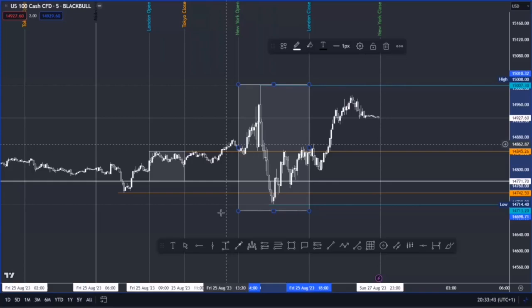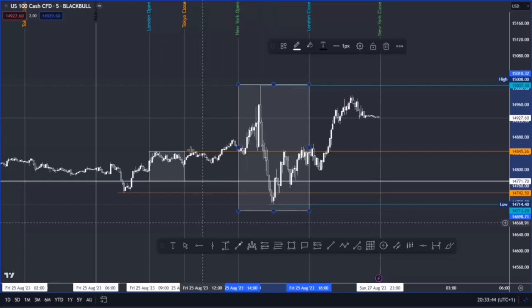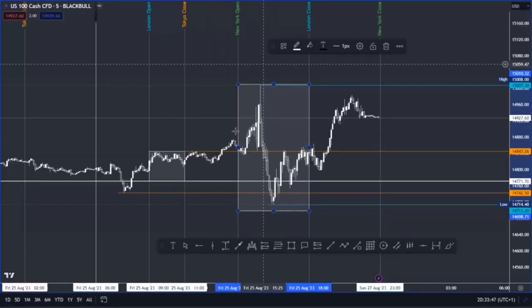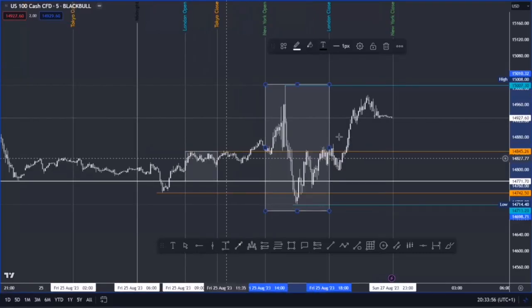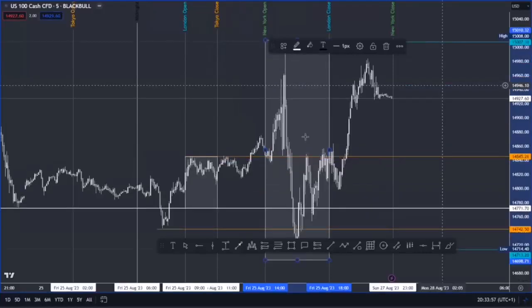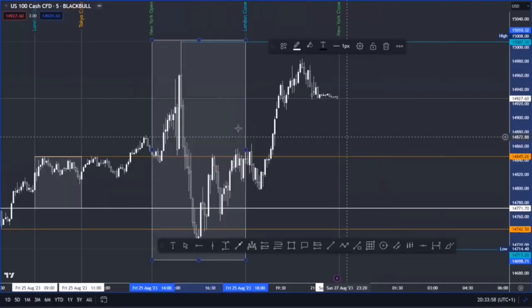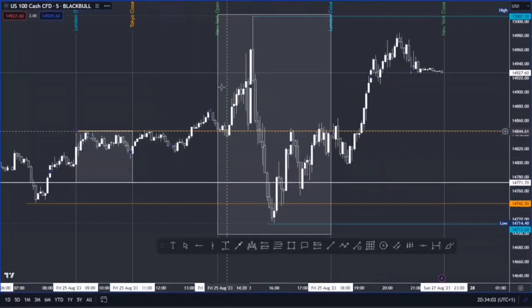Okay, so this is well explained because the market expanded on the New York Open, as you can see. There was first manipulation to the downside, and exactly at half past, we escalated to the upside. But why did the market respond upon this area? Because this was the Asia high. Do you understand?